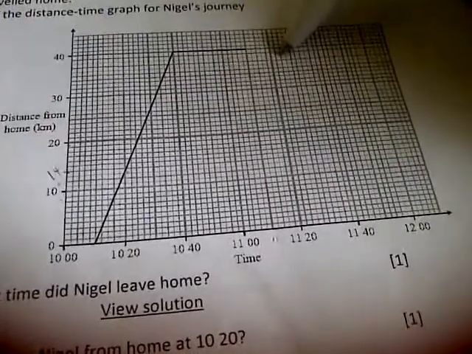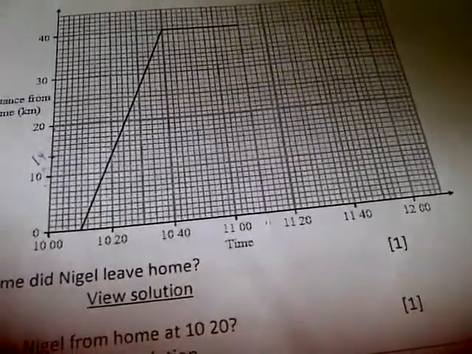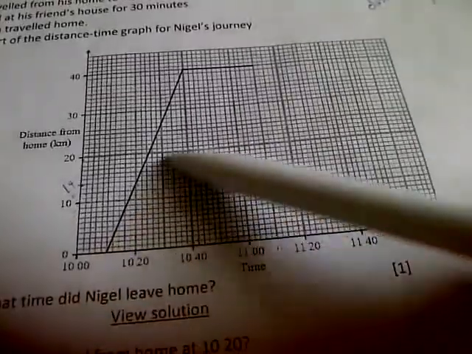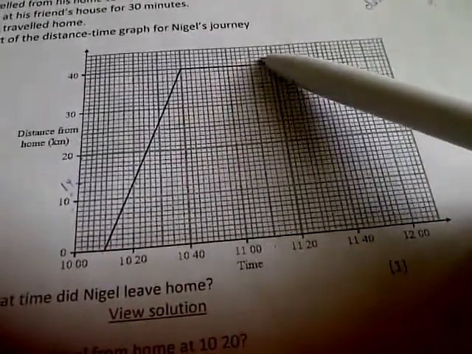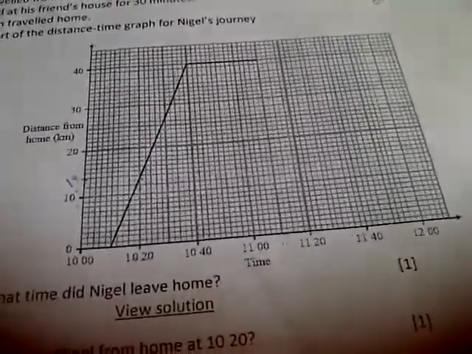Now we're also told that he then traveled back to his home. Okay, now traveling back to his home means that instead of having this graph where he was going away from home, we'll have another one coming down this way with the same average speed.